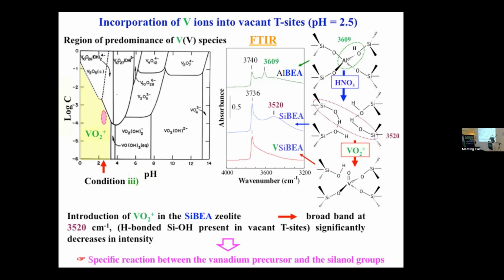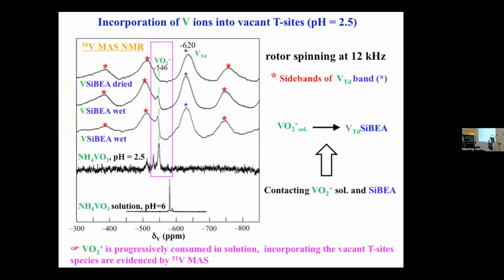And now, with another technique, we can confirm that this is really happening. First, by vanadium-51 MAS NMR, we can see that when we have an ammonium metavanadate solution at pH 2.5, we have a particular species. When we contact the ammonium metavanadate precursor with Si-beta, what happens in the solution?